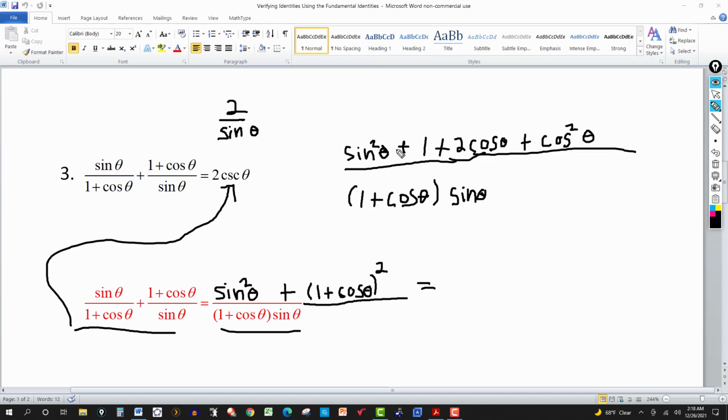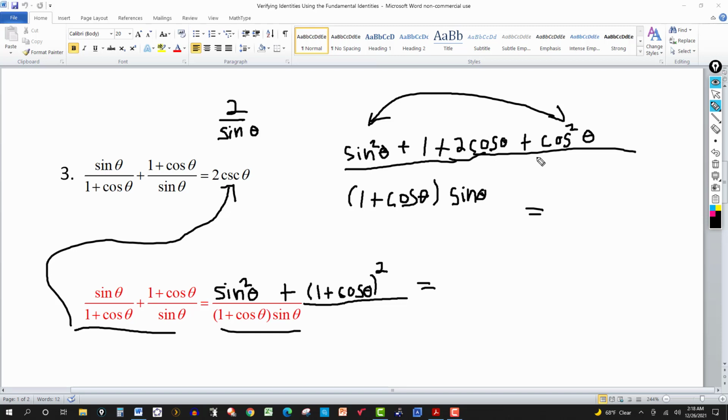And now let's look at what we have in the numerator. One of your basic fundamental identities tells you that anytime you have the sine squared of an angle plus cosine squared of the same angle, that's going to give you 1. So sine squared theta plus cosine squared theta is 1. And then we have another one over here, so 1 and 1 is 2.